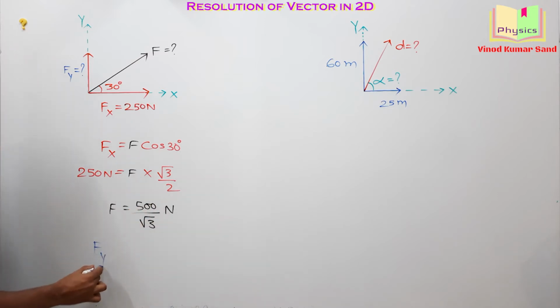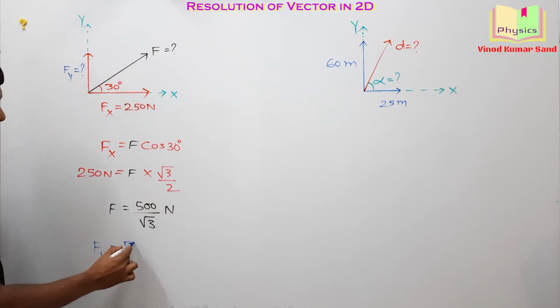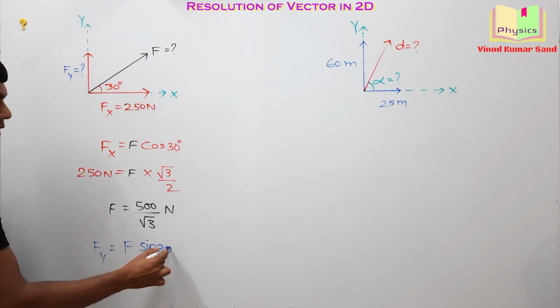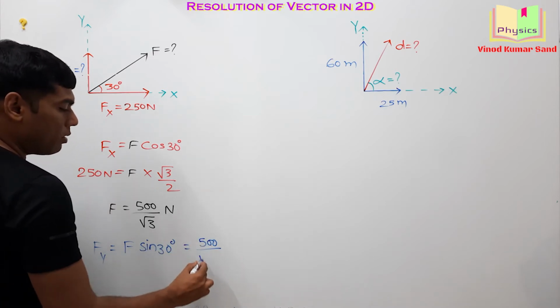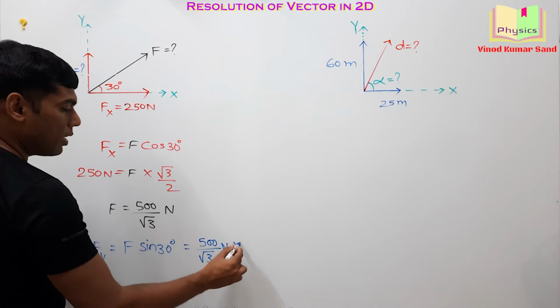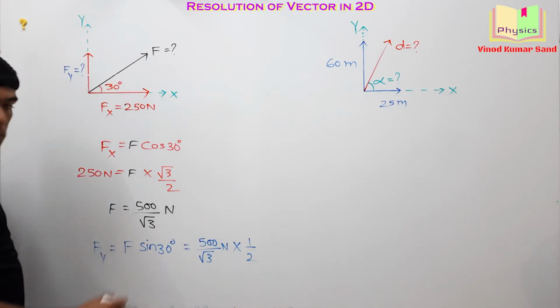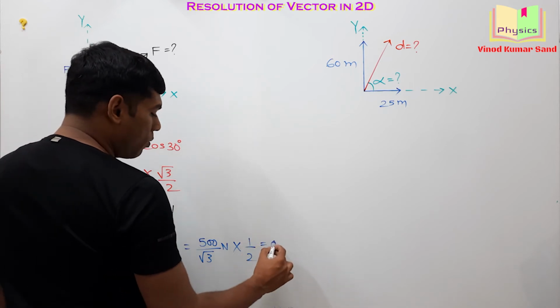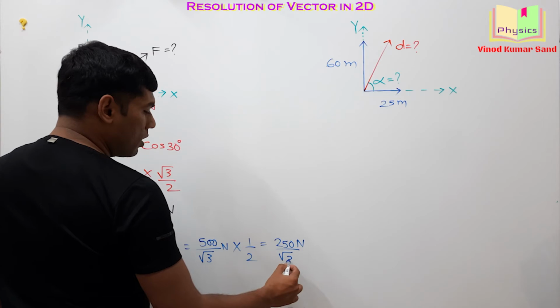For Fy, we know one thing. If this is F and this is Fy, it should be equal to F sin 30. The value of F is available, 500 divided by root 3 Newton, multiplied with sin 30, which is 1 by 2. So the answer will be equal to 250 Newton divided by root 3.